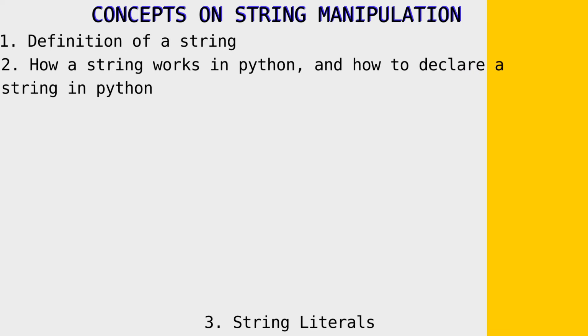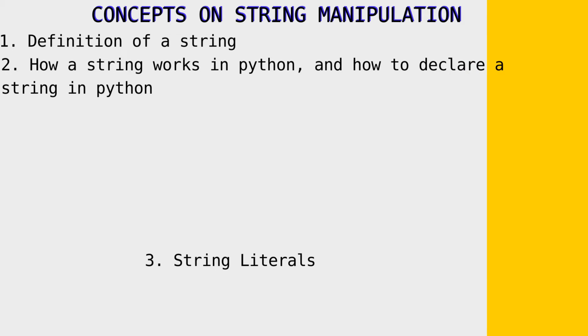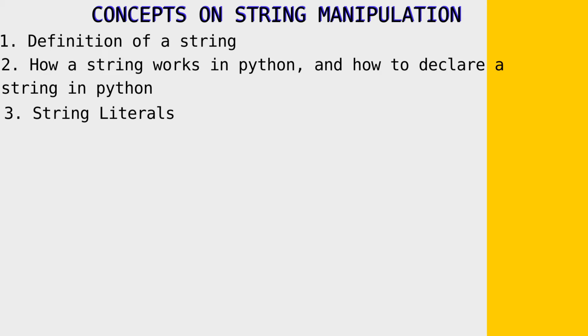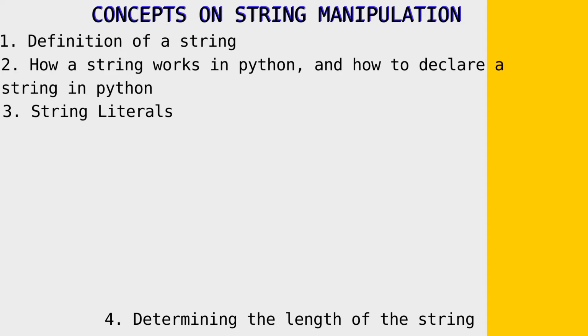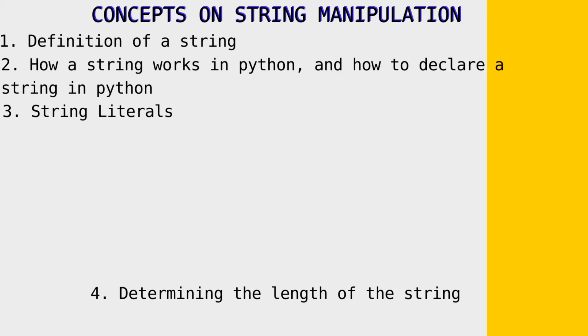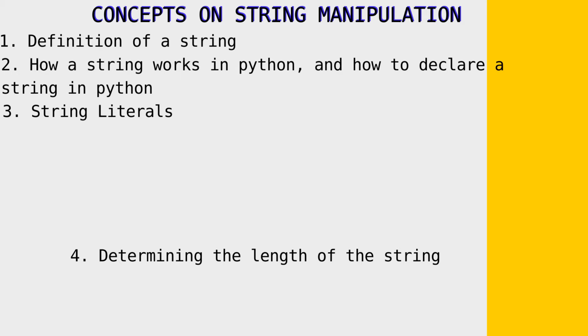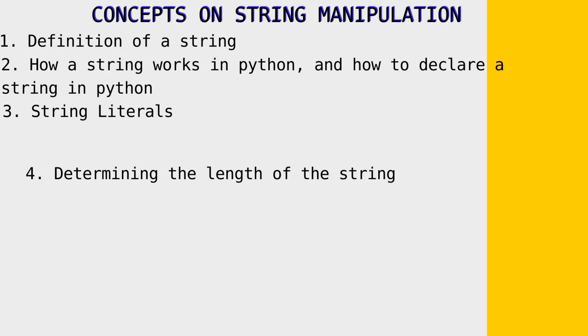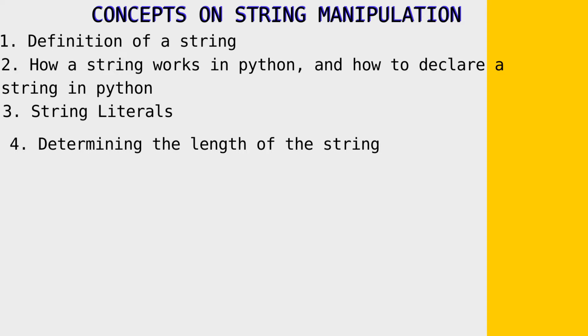Number 3, we'll learn about string literals and what they actually are, everything you need to know about a string literal. Number 4, we will be determining the length of a string. We'll learn how to find the length of a string that we're working with in Python.